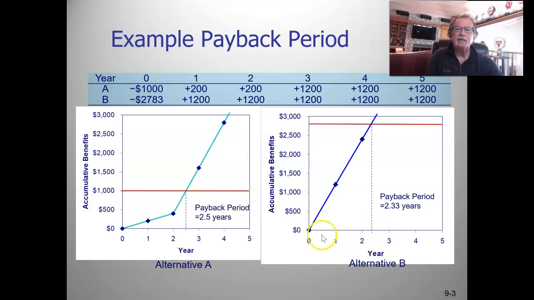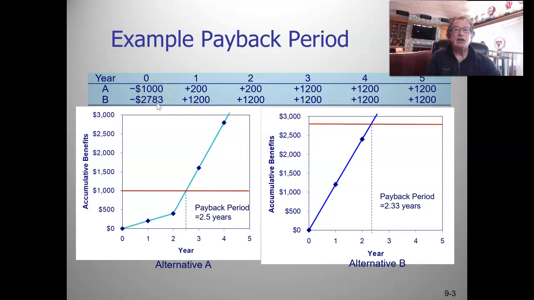Okay, so we have two projects. We have project A and B, and project A has cash flows of $200 in the first 2 years and $1,200 in the last 3 years, but it only costs $1,000.